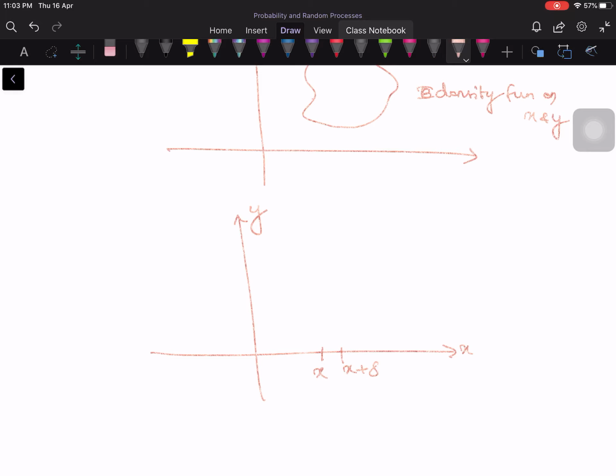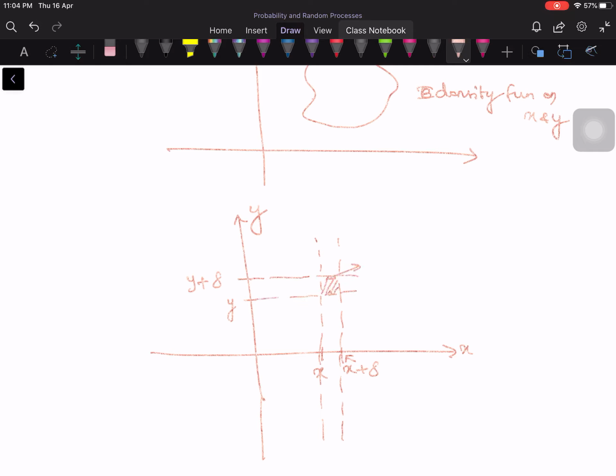I am taking a particular x here, and then x plus delta here. So this is a small interval, right? It is running all over y. Let me take another small interval here. This point is little y, and this one is y plus delta. Extending here, I get a small area.